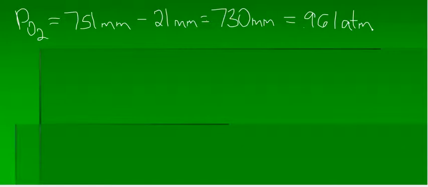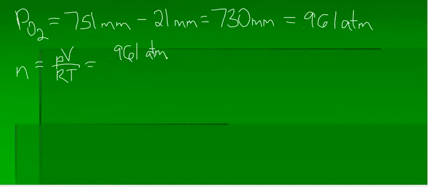Okay, the first thing we're going to find is the moles of oxygen. So we're going to do the ideal gas law, PV divided by RT. Pressure we just found, 0.961. That's the corrected pressure after subtracting the vapor pressure for water. Volume, we were told, is 0.0812 liters.